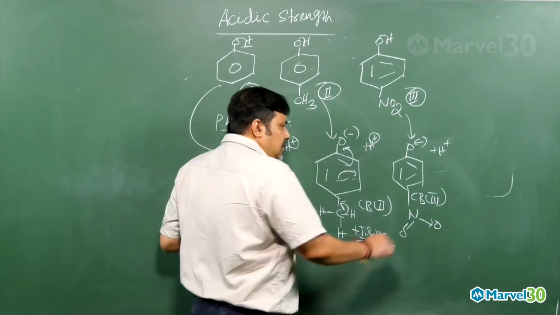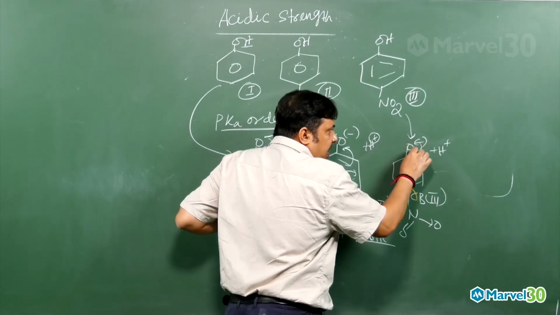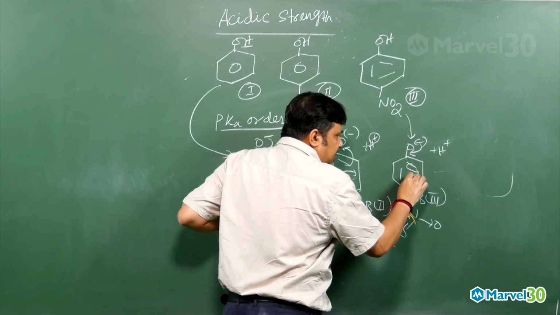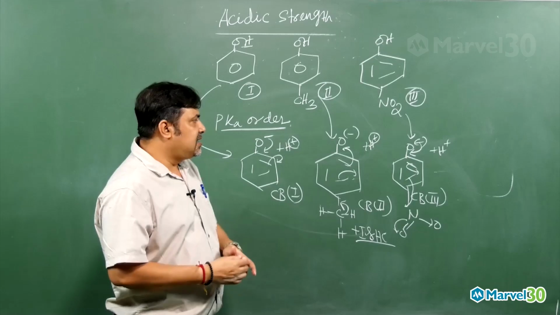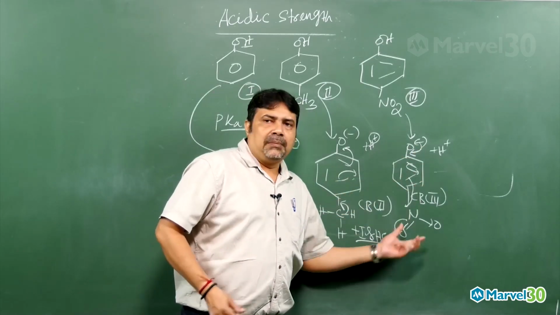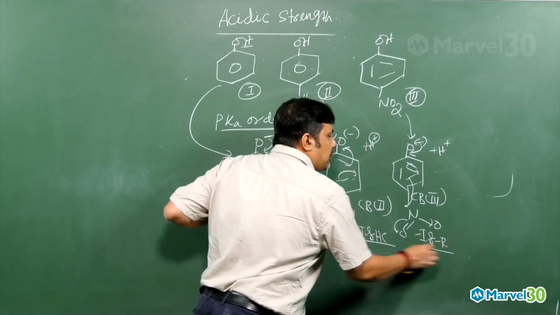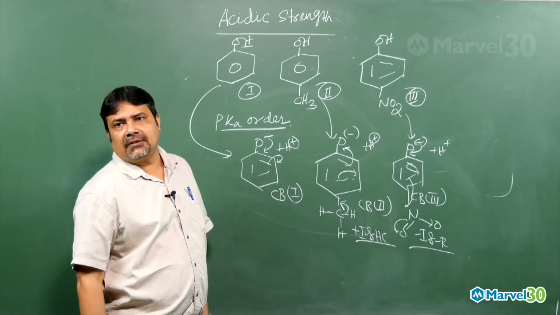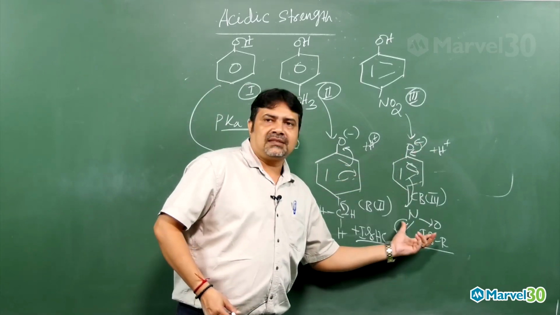But in this conjugate base, what will happen, my dear? The negative charge will undergo delocalization through extended resonance. It will be dispersed through the benzene ring to the NO2, because the NO2 has both a minus I and a minus R effect. Through that, it withdraws electrons from the O minus towards itself.